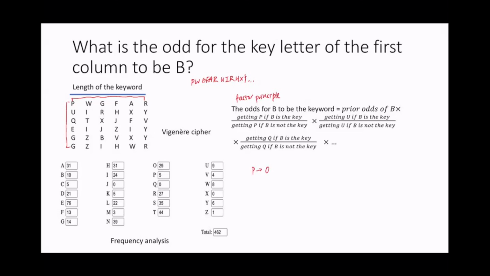We got this from the Bayes theorem, and the prior odds of B is 1 out of 25, because B is one letter out of 26 letters in total. And for us to get P, if B is the key, means that the cipher letter P translates back to O. So the possibility for that, according to our frequency analysis, should be 29 divided by 462.